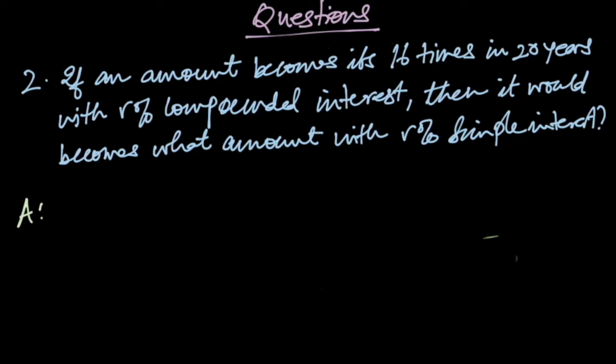So the amount becomes 16 times in 20 years with our compounded interest. So we follow the formula.